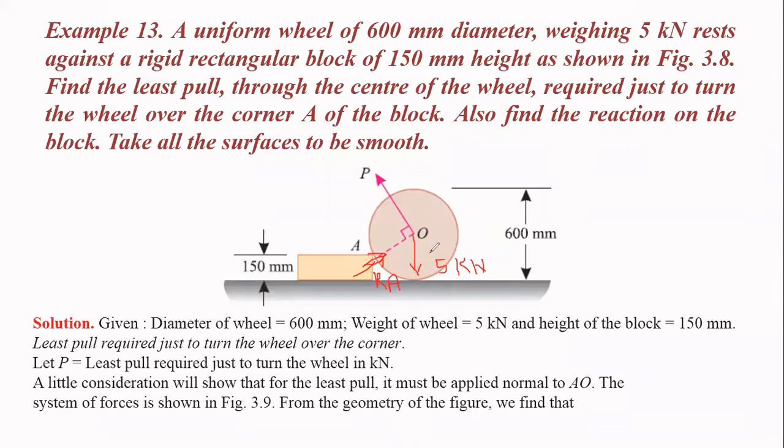For this free body diagram, we have to find out this P force, and then we have to find out this reaction RA. Now let us see how to find this.